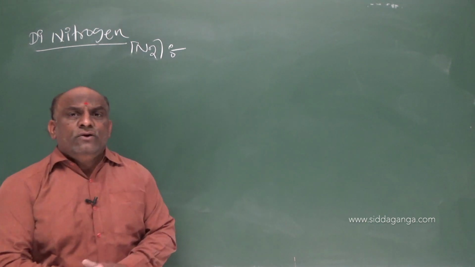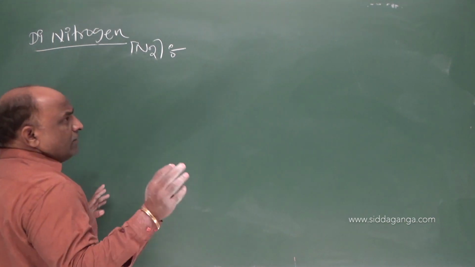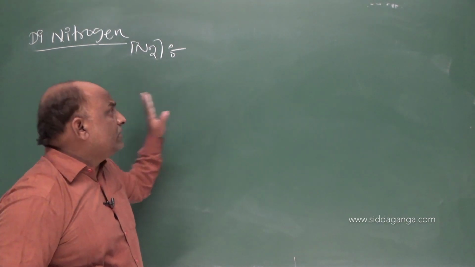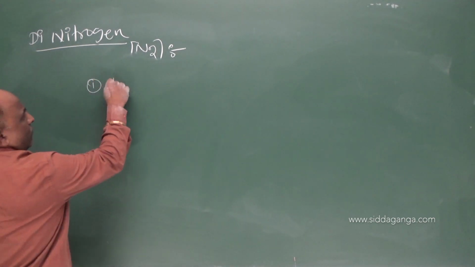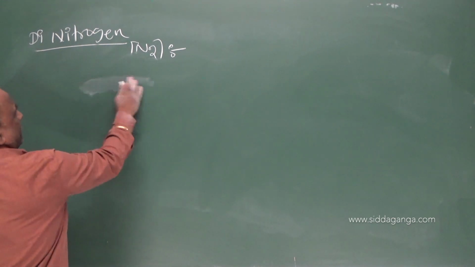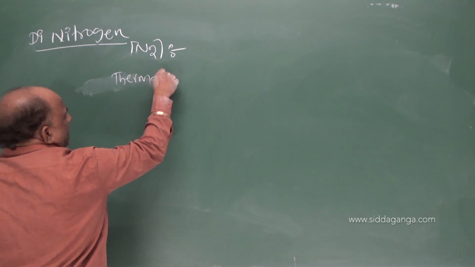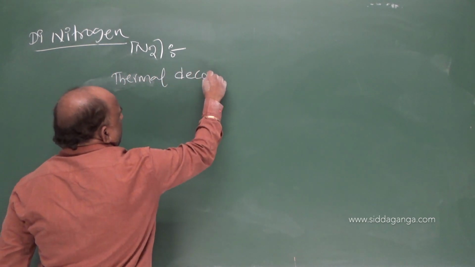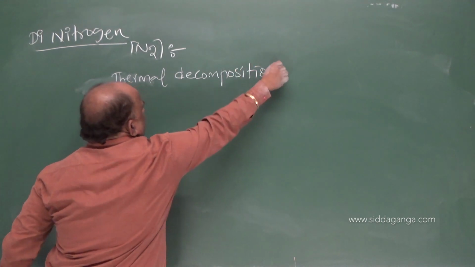Dinitrogen: already we know that it is available in the form of nitrate. So how do we remember the equations from a competitive point of view? The process is thermal decomposition.